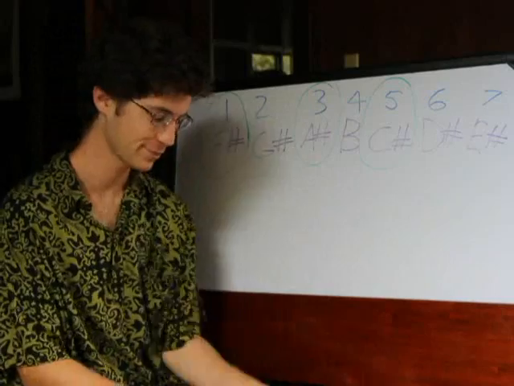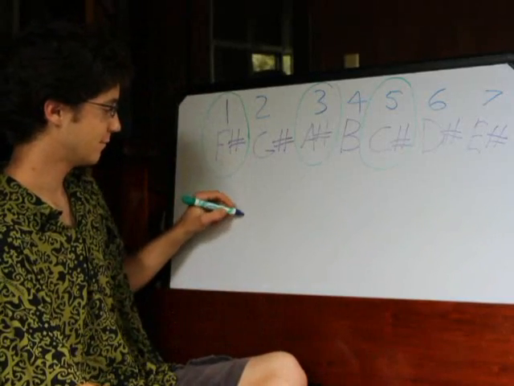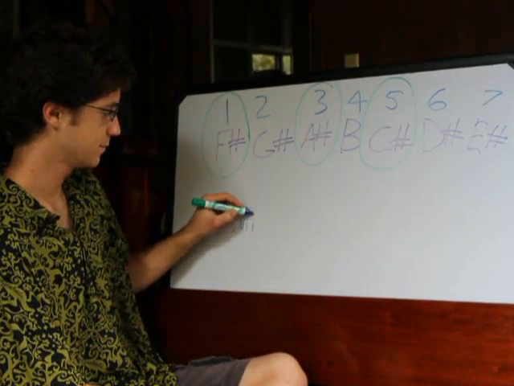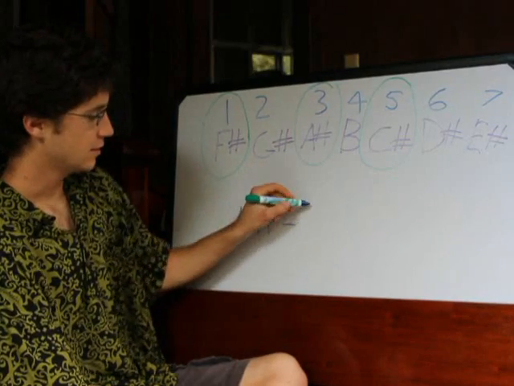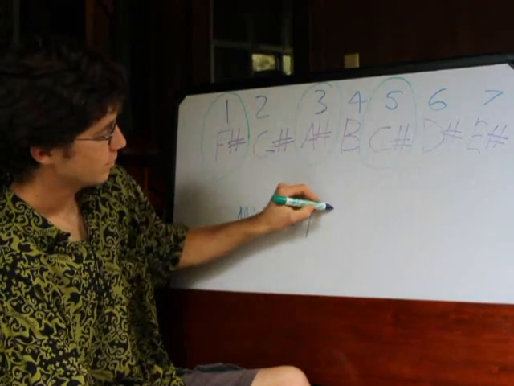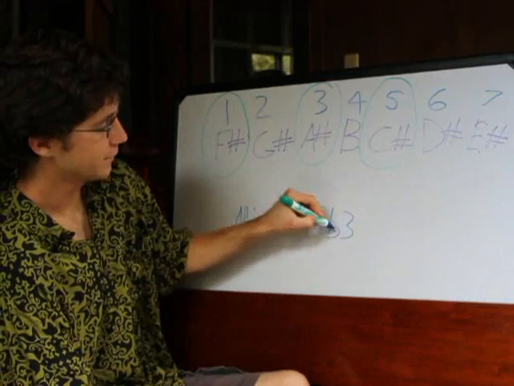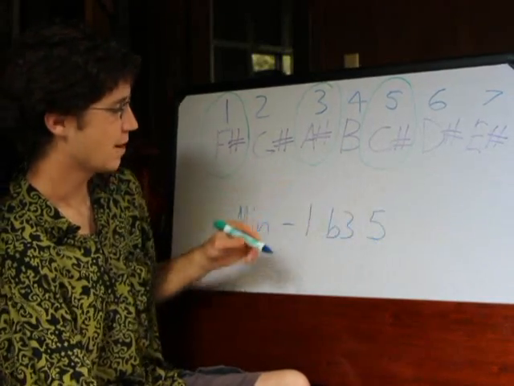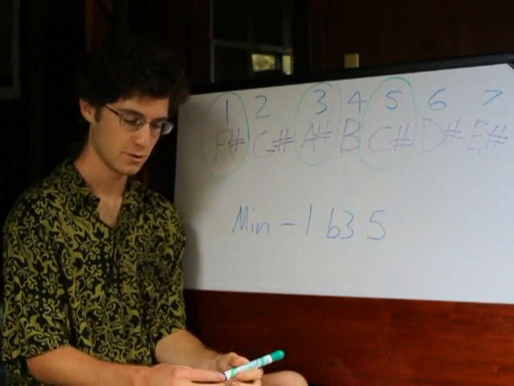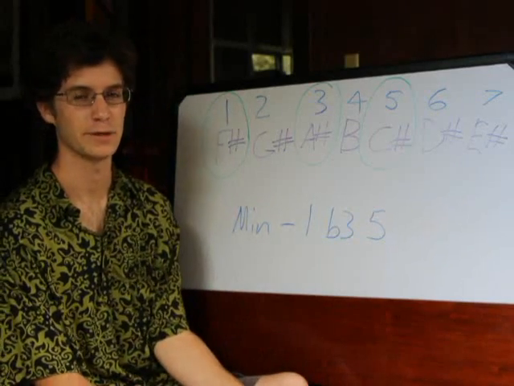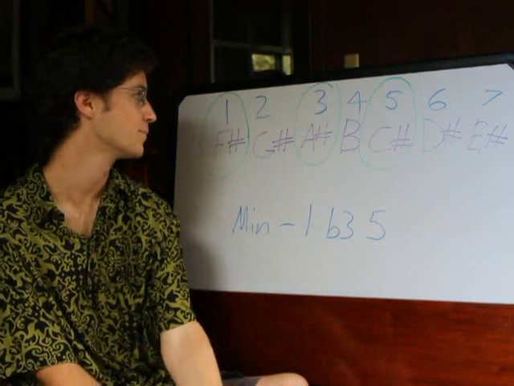Minor chords. So the formula for a minor chord is almost the same, but it's 1, flat 3, 5. So now we use the same concept, but we're going to change one thing. Okay?